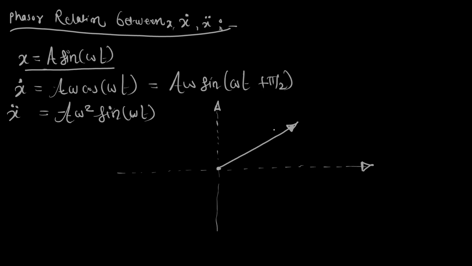This vector length is equal to the a value, that is the maximum value of the displacement. This is called the amplitude, and its phase angle with respect to this reference axis is equal to omega t. So this is a displacement vector. Its maximum value is capital A, and its angle is omega t. Second vector, that is the velocity.